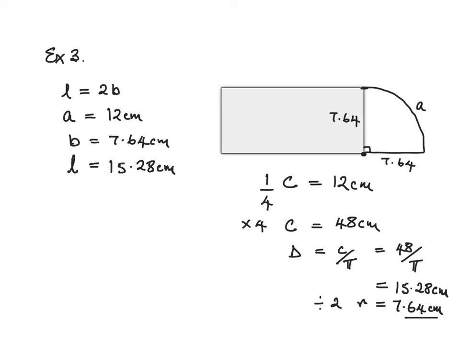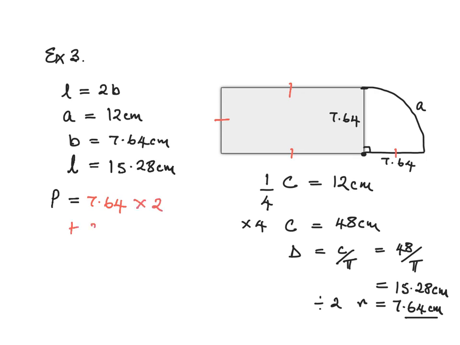And the perimeter, well, we have this distance here, which is 7.64. We have this distance here, which is 15.28, and another 15.28. And in fact, we've got a 7.64 here as well, so I could multiply that by 2.